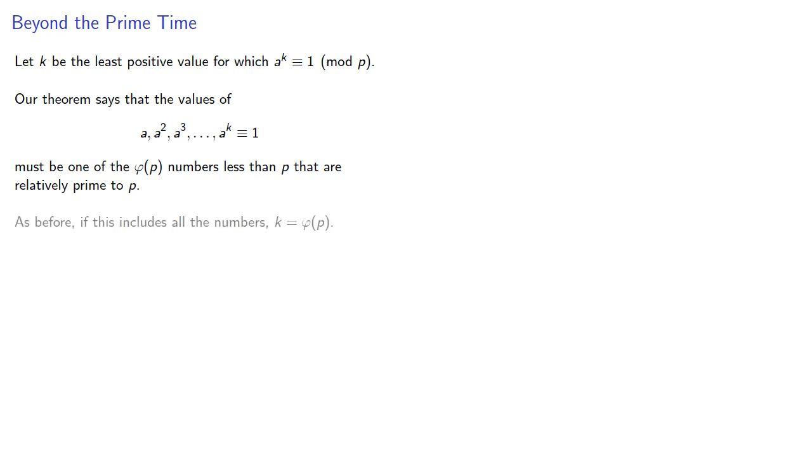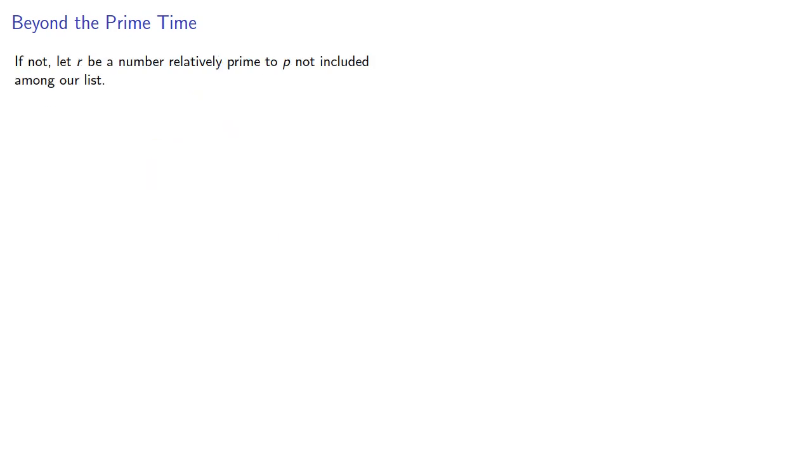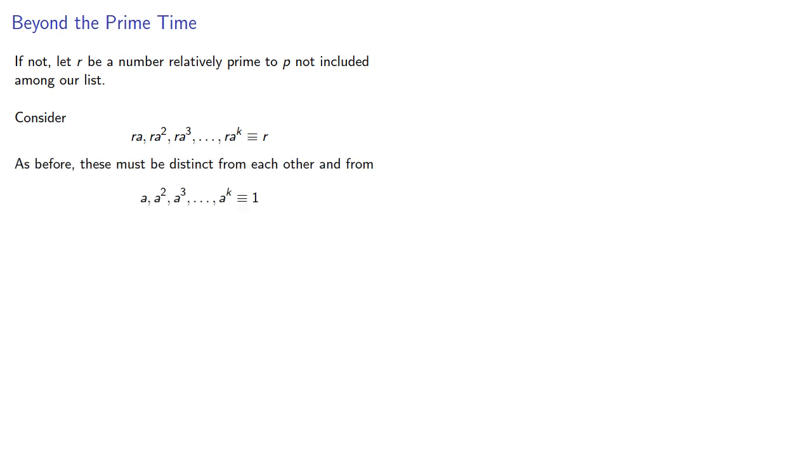As before, if this includes all the numbers, then that least power is just phi of p. If not, let r be a number relatively prime to p not included among our list, and we'll consider what happens when we multiply the powers by r. Again, as before, these must be distinct from each other and from the powers of a. Moreover, they must also be among the numbers relatively prime to p.